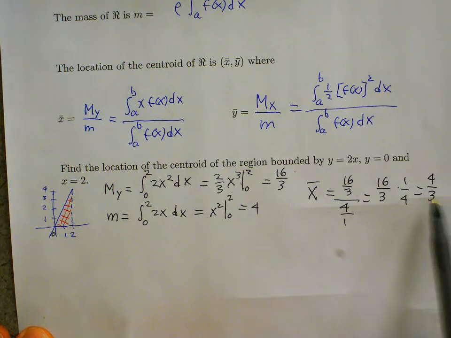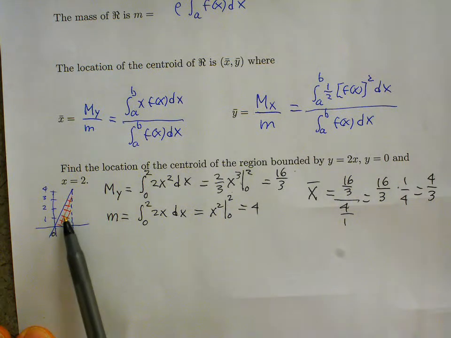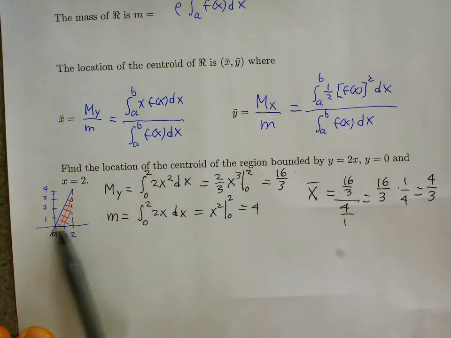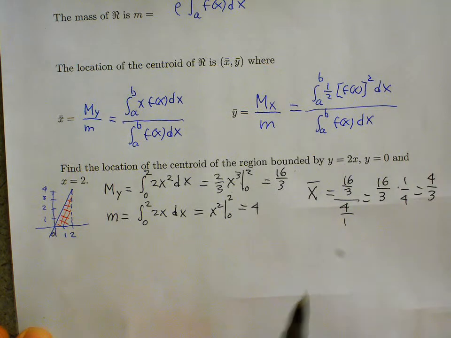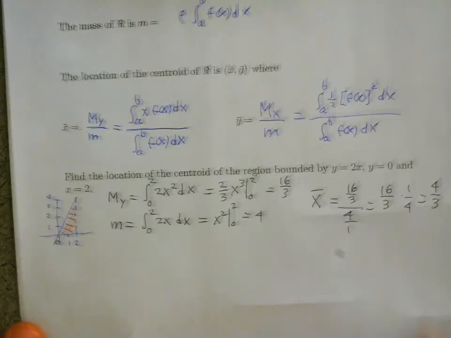Okay, so at least the number I came up with is in that region. Well, it's on the x-axis, but at least it's between 0 and 2, so that could be a good sign that we're on the right track.